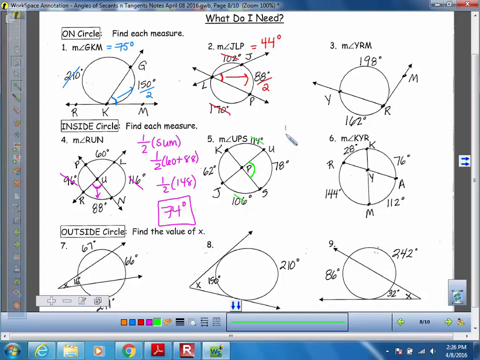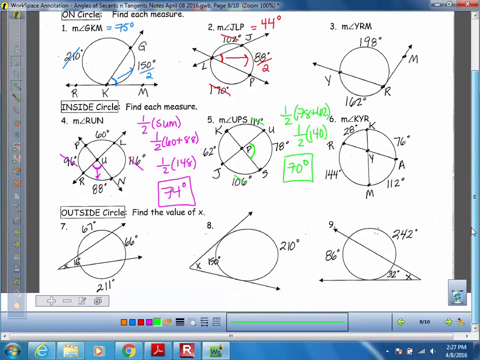So we're going to do 1/2 times the sum of 78 plus 62. That would be 1/2 of 140, right? And half of 140 is? Thank you. 70 degrees.